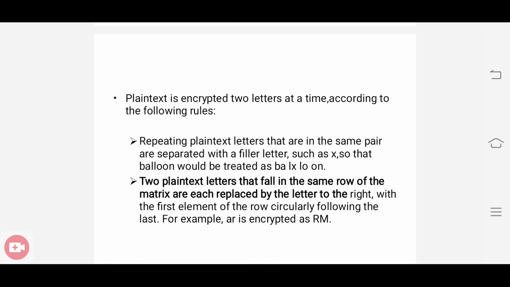First rule: we use a filler letter if plain text letters are repeating. Second rule: if two plain text letters fall in the same row, we replace each letter by the letter to its right in a circular fashion.